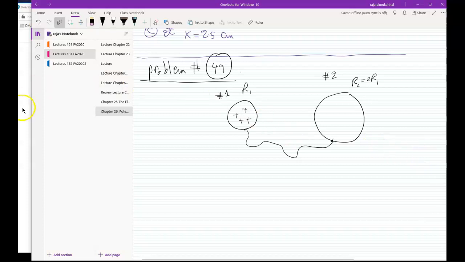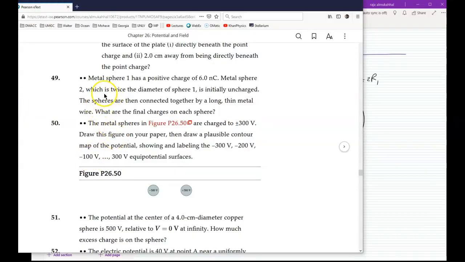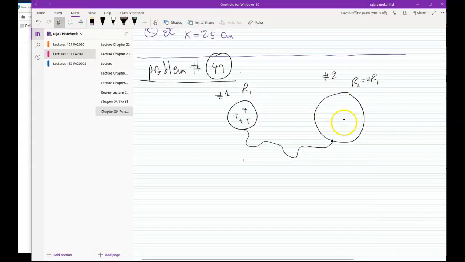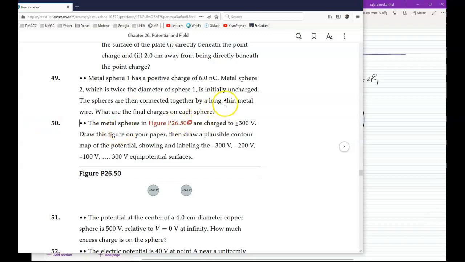Okay, let's read the problem again with this picture in mind. Sphere 2 is initially uncharged. Got it? The spheres are then connected together by a long, thin metal wire. He's asking, what are the final charges on each sphere?